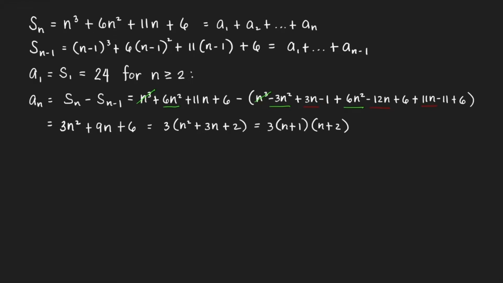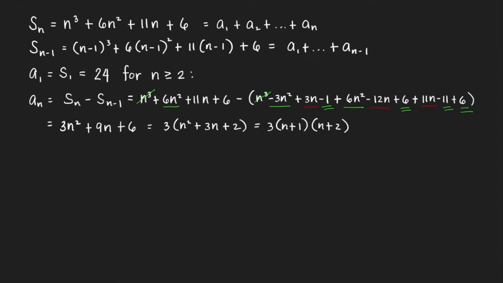So that is 14n minus 12n, which is 2n, so minus 2n and then plus 11n, which is equal to 9n. And then the constant term, you have negative 1 plus 6 and then minus 11 plus 6, so that is just equal to 6.